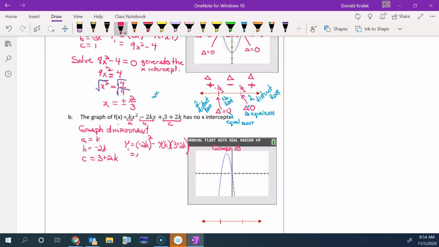So it's 4k squared minus, now we're going to do all of this at once, 4k times 3 plus 2k, which is 12k plus 8k squared.